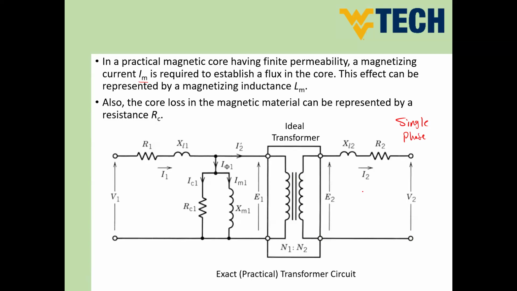This is the strategy that we will use in our three-phase machines in this course. So this is now a practical transformer equivalent circuit, and we call it the exact equivalent circuit. Since this is exact, guys, we will have some approximation.